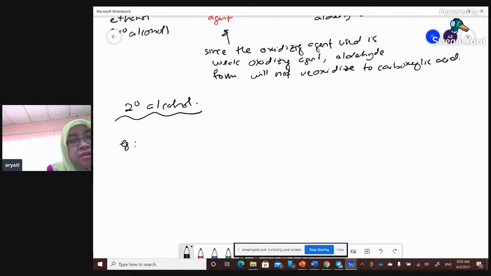Okay, example secondary alcohol. So OH attached to this carbon attached to two neighboring carbon. So CH3, OH. So this carbon is secondary carbon sebab dia attached to dua metil. So dia ialah secondary alcohol. Okay, so the name of this compound is 2-propanol.